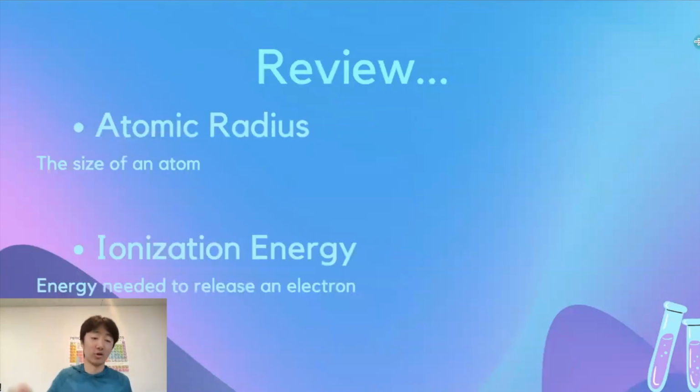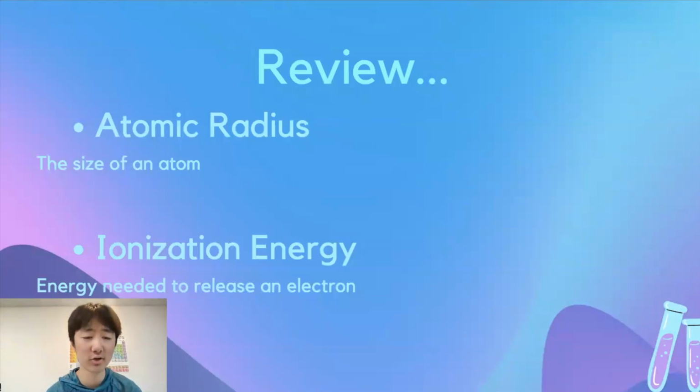Okay, now to review. You might be asking, in part 1, what did we talk about? We talked about atomic radius, right? Which is the size of an atom, and as you go right, the atomic radius decreases due to more effective nuclear charge, and as you go down, the atomic radius increases due to more energy levels.